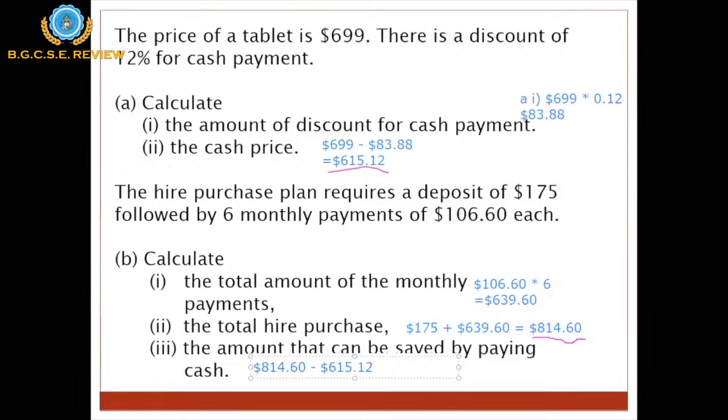My cash price was no longer $699; the cash price was in fact $615.12. And so if I take this route, I really end up paying $199.48.